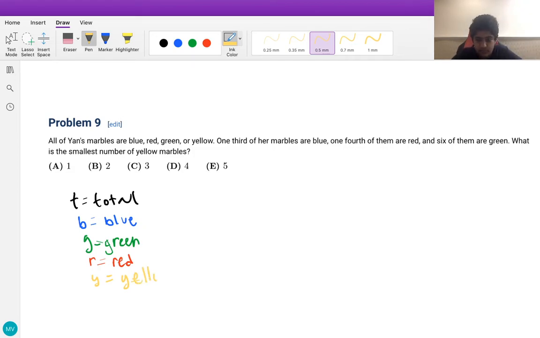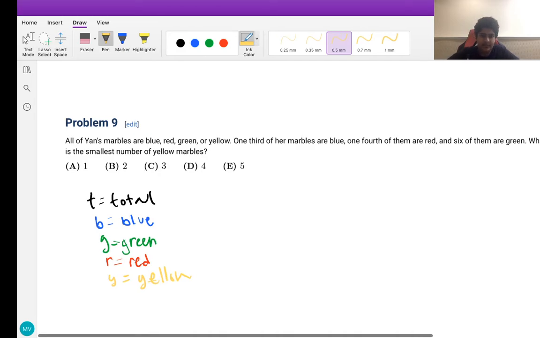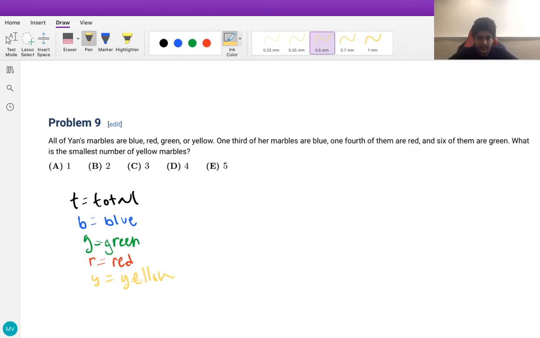So now we read the problem statement and see what equations they give us. So we first of all know that all of Yan's marbles, so all of them, which is T, are blue, green, red, or yellow. This means that T total is equal to B, which is blue, plus G, which is green, plus R, which is red, plus Y, yellow.